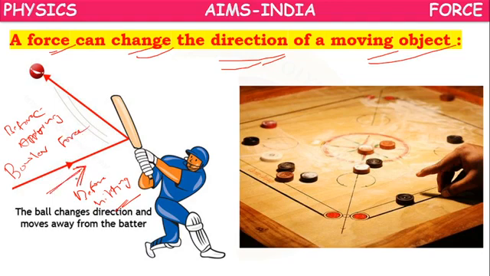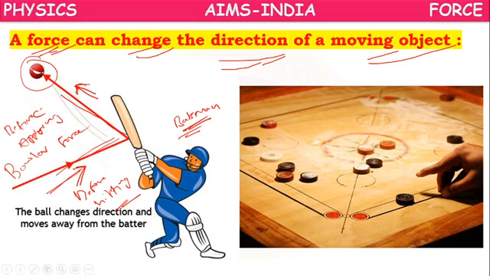But what will the batsman do? The batsman will hit the ball in this direction. So the ball is going in this direction with some speed. But not only speed here, the direction of the ball is also changing because of the force used by the batsman.